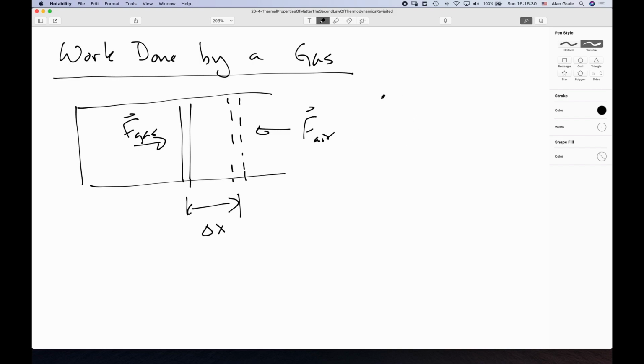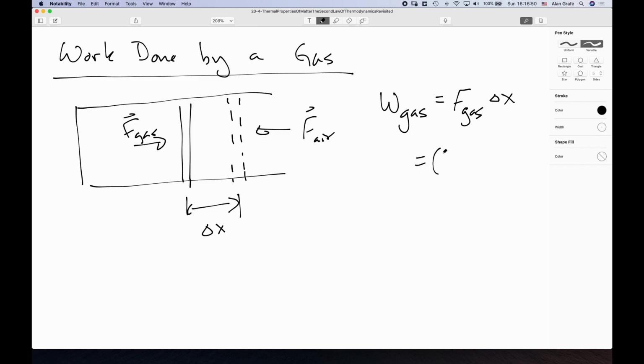So we can work out that the work done by the gas, so this is by, not on, will be the force exerted by the gas times the displacement, delta x, from the definition of work.